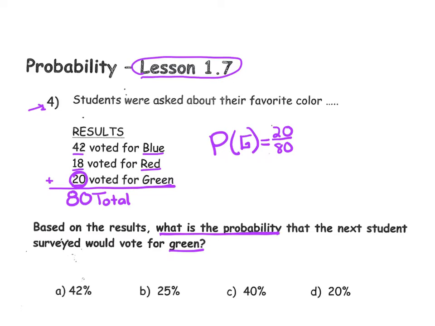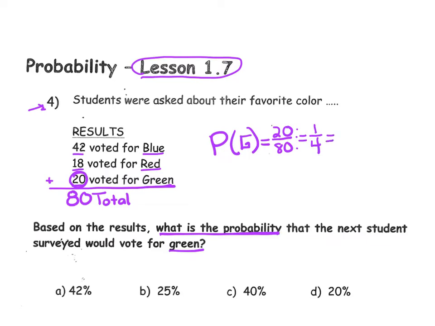But if you take a look at the choices we've been given, A, B, C, and D across the bottom, they're given in terms of percentages. So we need to convert 20/80ths to a percentage. Grab your calculator and punch in 20 divided by 80. Or some of you know that you can divide a 20 out of the numerator and the denominator to get the equivalent fraction 1/4.